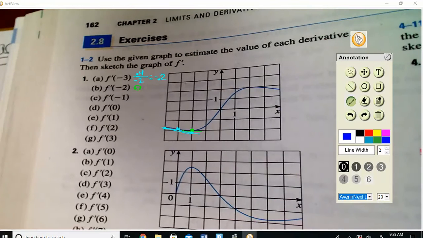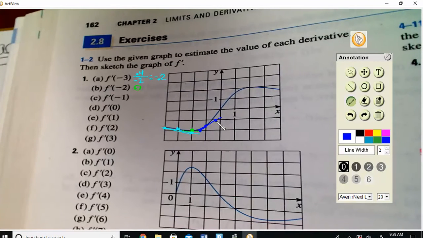F prime of -1. So -1 is right there on my graph. Okay, so if you try to draw your tangent line the best you could, I would take a couple points so we can kind of tell on that line.